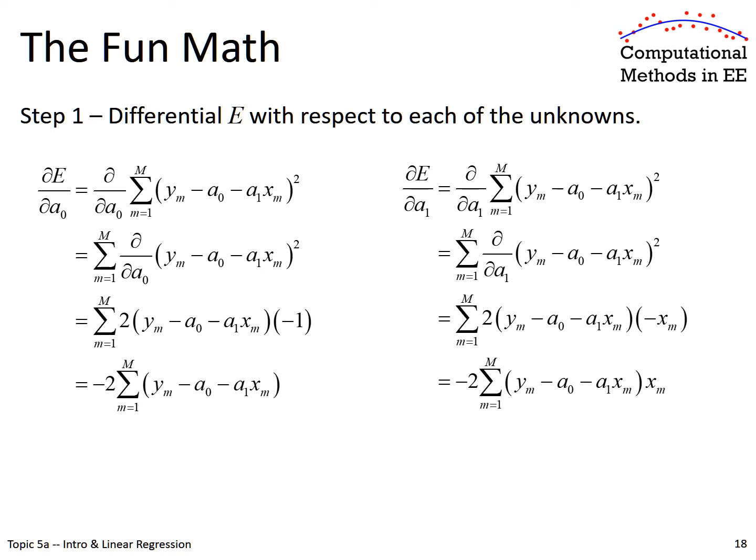So for a naught, we'll take the derivative with respect to a naught, and we bring the derivative to the inside. We calculate the derivative, bring the 2 to the outside, and we end up with an expression. And we do the same thing for a1. We will bring the derivative inside the summation, calculate the derivative, bring a constant to the outside. So we now have these two partial derivatives. They look similar, but they're a little bit different because we differentiated with respect to a different variable.